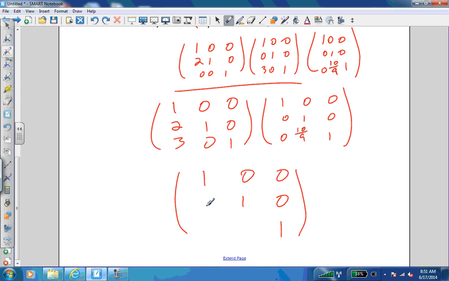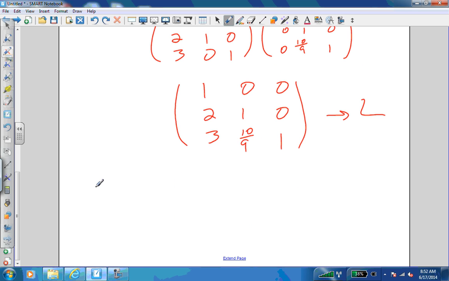This one comes from the second row, first column, so we have a 2, 0, and a 0. This is third row, first column, so we have a 3, 0, 0. Third row, second column, so 0, 0, 10 ninths. So if we did that correctly, that should be our lower triangular matrix.